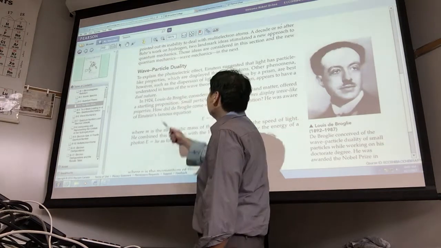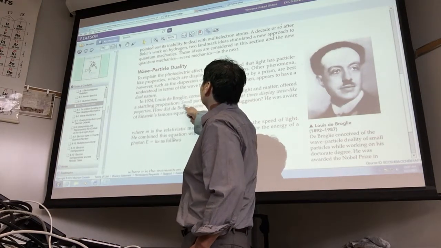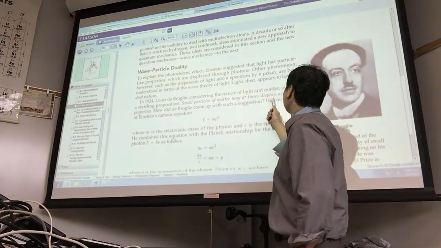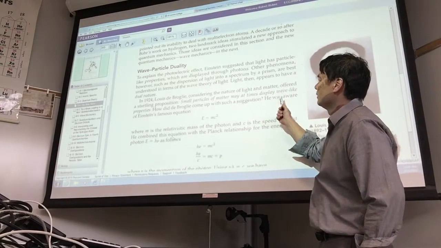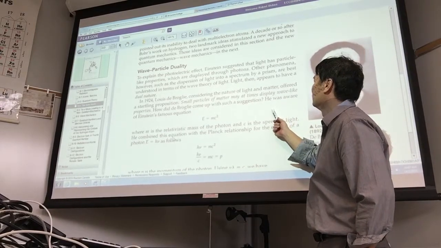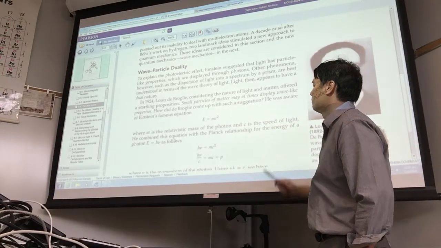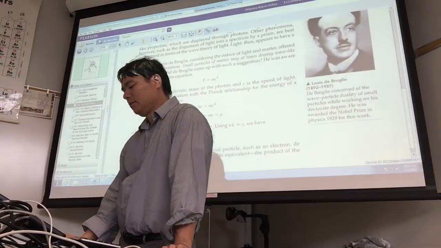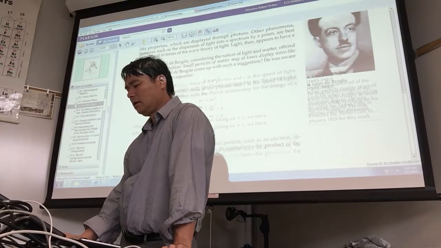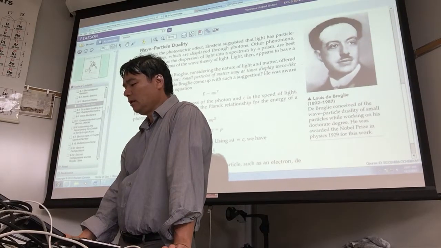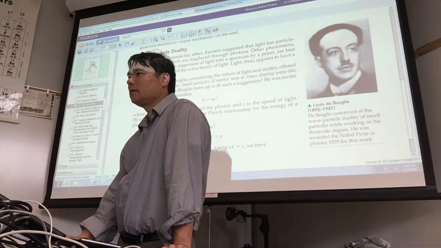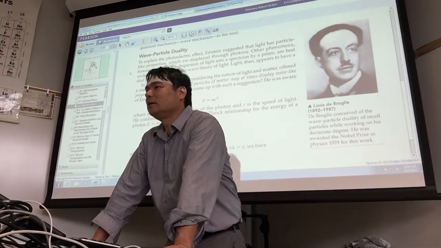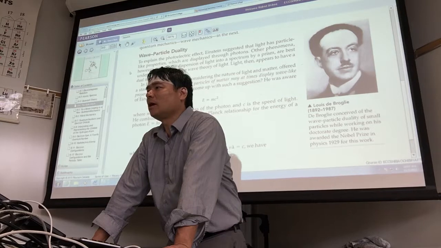His startling proposition was that small particles of matter may at times display wave-like properties. And so how did he come up with it? Well, you can read through that here. But basically there's wave-particle duality for light. Light has particle-like properties.